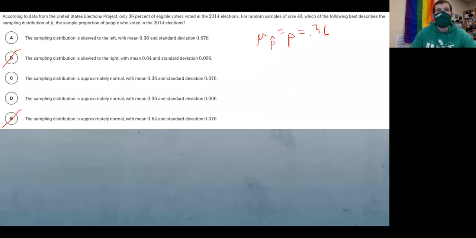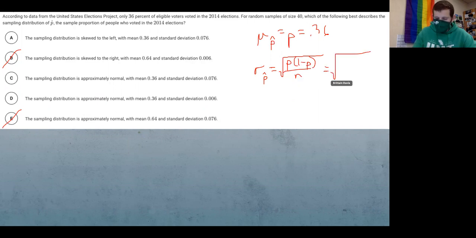So that looks good. The next thing is the standard deviation for the sampling distribution of proportions. We've already seen this formula a few times, so I already know this, the population proportion is 0.36, so it's going to be the square root of 0.36 times 0.64 divided by a sample size of 40.